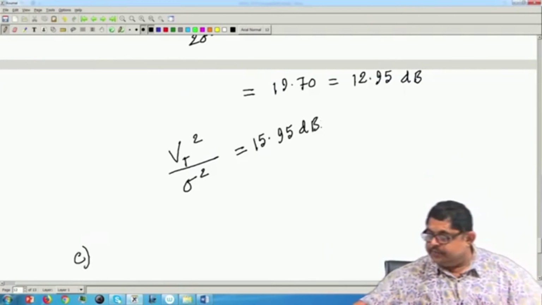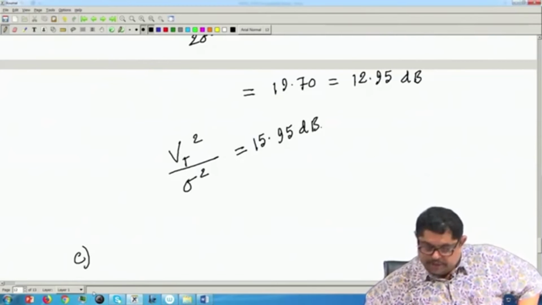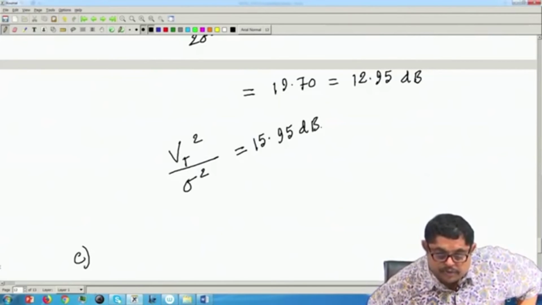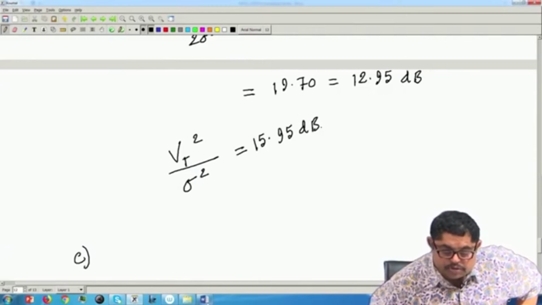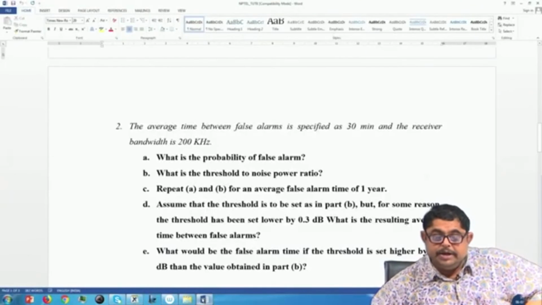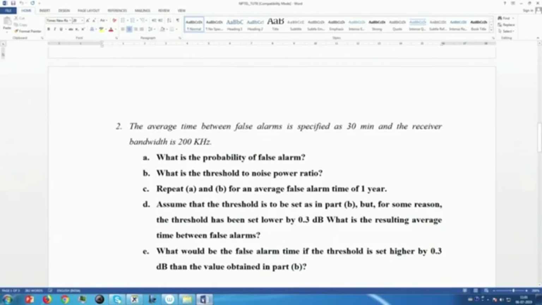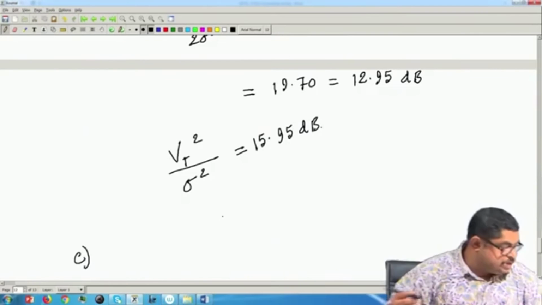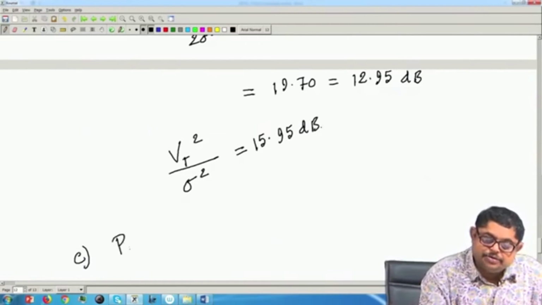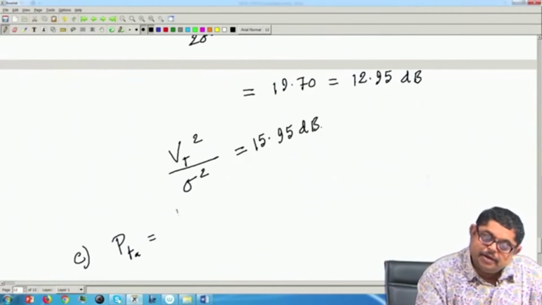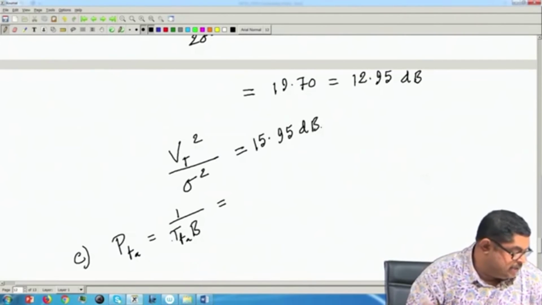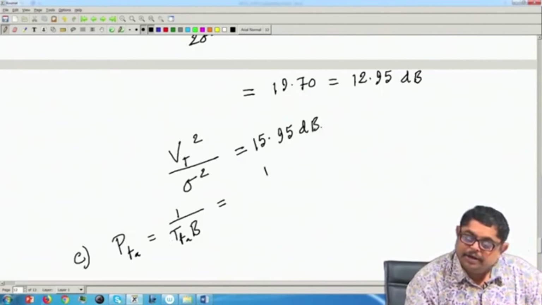Then part C. What is part C? Part C: repeat A and B for an average false alarm time of 1 year. Suppose we want to make the false alarm time 1 year, that means each year only one will come. So, that will be very good. So, let us calculate that. So, PFA, again we will say TFA into B, and TFA will be 1 year.